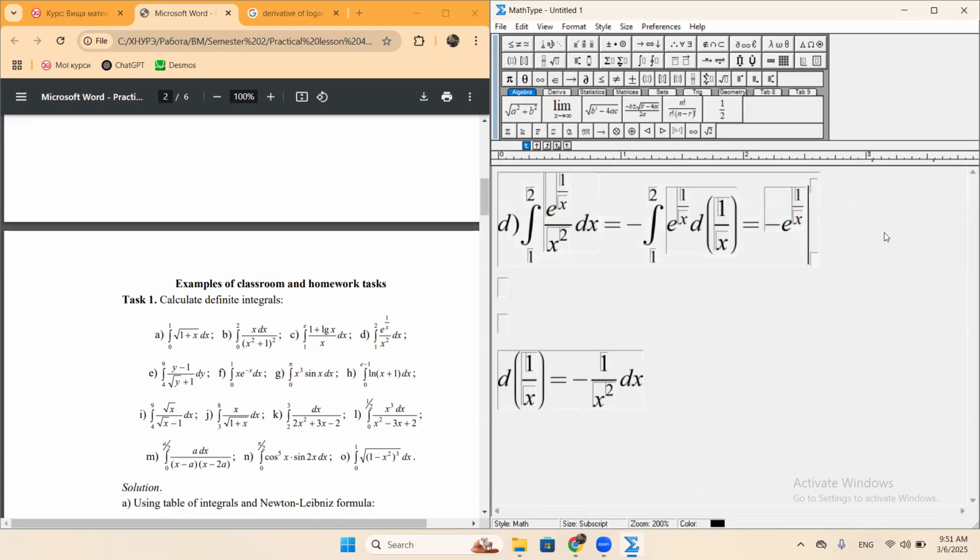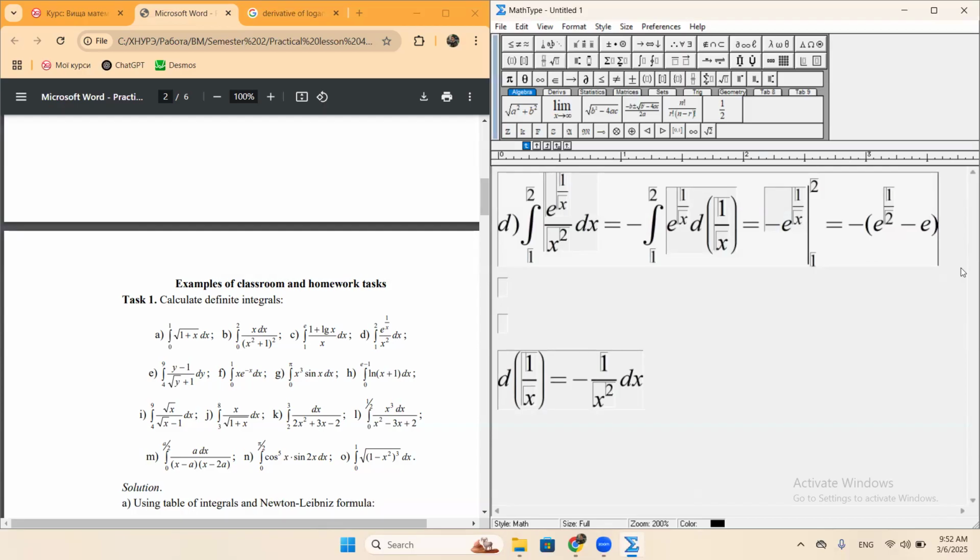So with substitutions from 1 to 2, the following. So e in power of minus 1 over 2 minus, oh, stop, e in power of 1 over 2 minus e, and that's it.